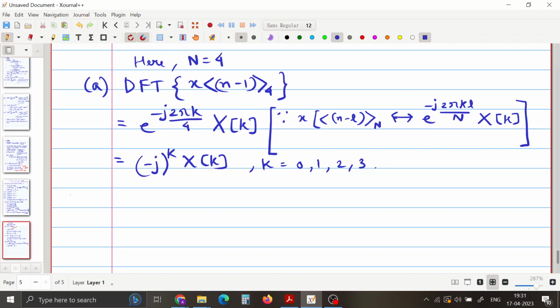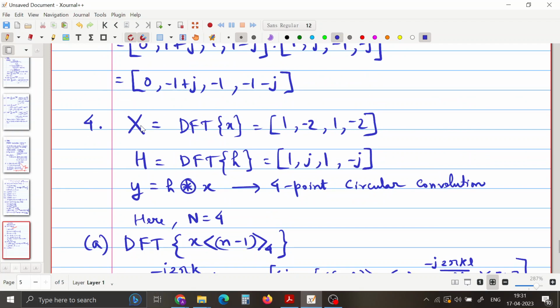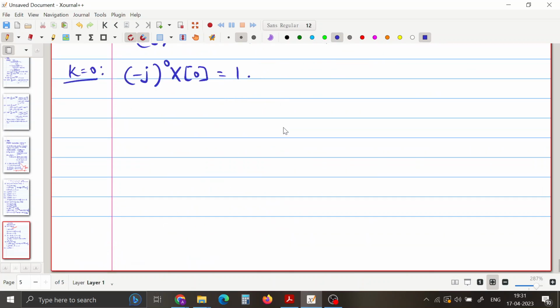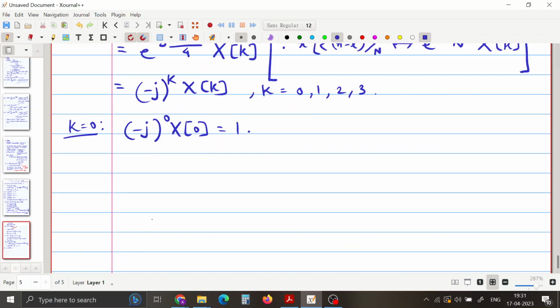So you take first k equals 0 and calculate the coefficient. That gives you j power 0 times capital X of 0, which is 1 times capital X of 0. Just look at this sequence capital X: at the 0th index, it is the value 1. So capital X of 0 is 1, and 1 times 1 is 1.